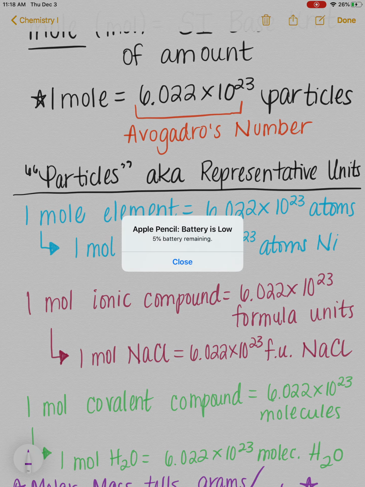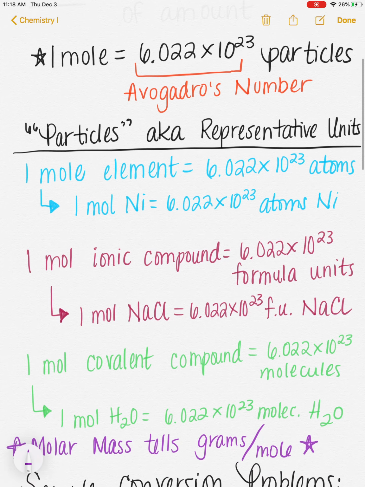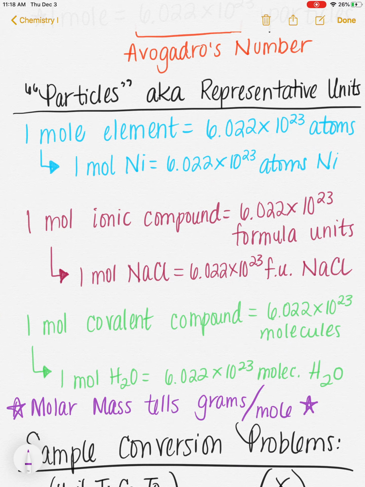We have some terms kind of like that in chemistry. And so one of those is if you have a mole of an element, a mole of elements contains 6.022 times 10 to the 23rd atoms. So it would be proper to say that 1 mole of nickel has 6.022 times 10 to the 23rd atoms of nickel in it.